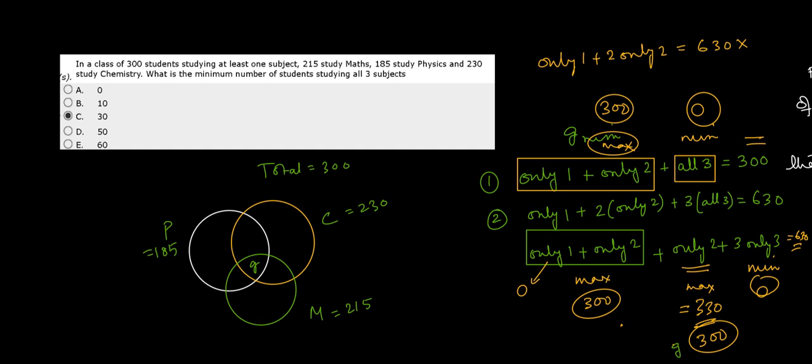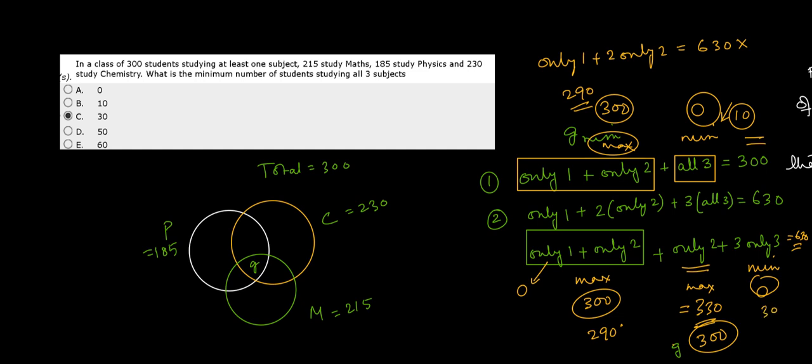So now what we'll do is we will make all three as 10 and check what happens. Only 1 plus only 2 is 290.